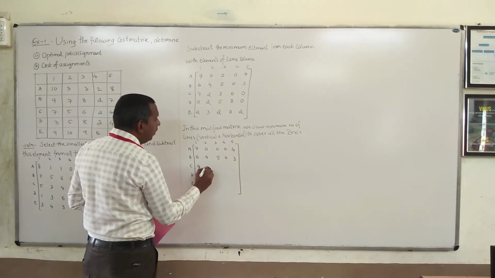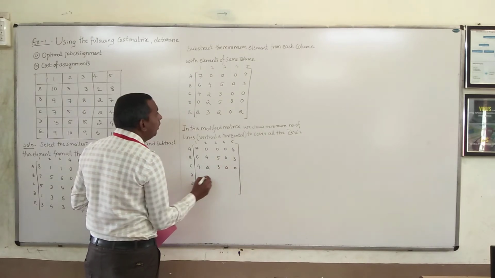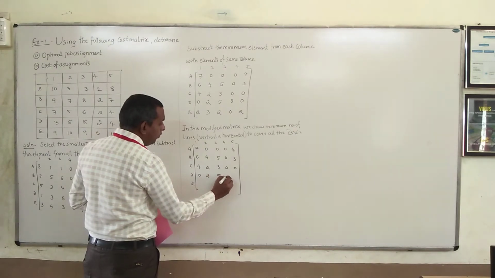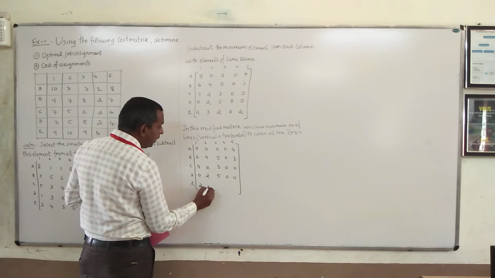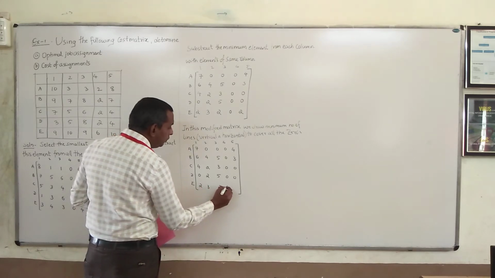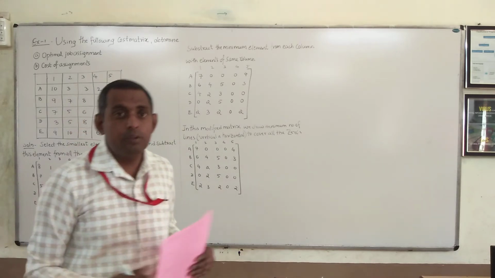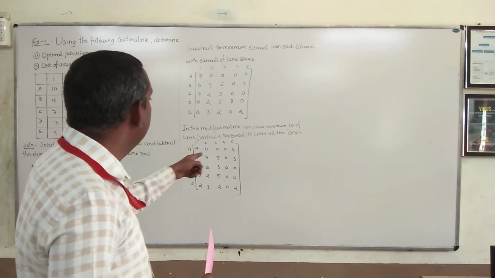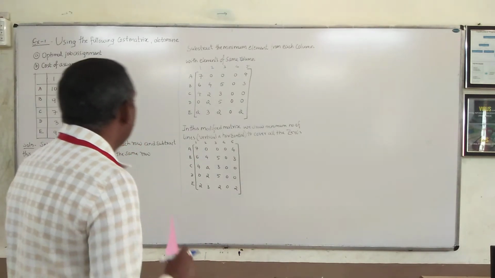It is 4, 2, 3, 0, 0. So it is 0, 2, 5, 0, 0. So it is 2, 3, 2, 0, 2. Let me check whether I have written the values correctly or not. It is 7 0 0 0 4, 6 4 5 0 3, 4 2 3 0 0, 0 2 5 0 0, 2 3 2 0 2.